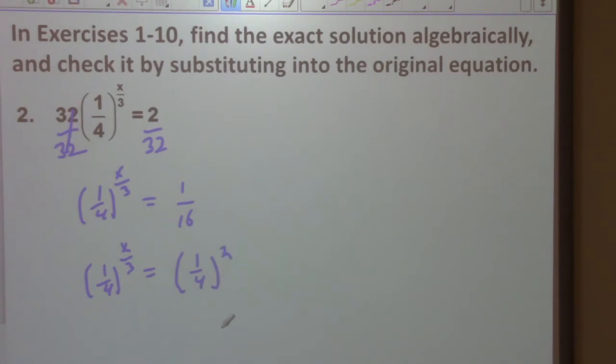Then you would make a little arrow, and you would do x over 3 equals 2. Exponent the same place. So x equals 6. Okay. Any questions on that? Pretty simple. Good job. Yeah, good work.